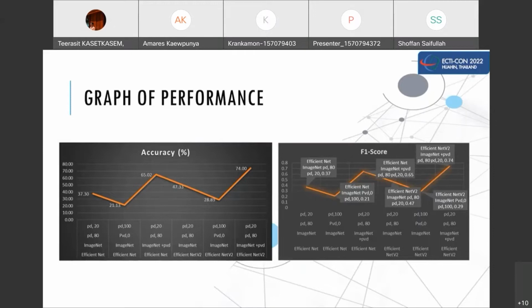For the F1 score, the rate still indicates ImageNet plus PVD with the EfficientNet model gaining the highest accuracy scores compared to the other 5 experiment setups.